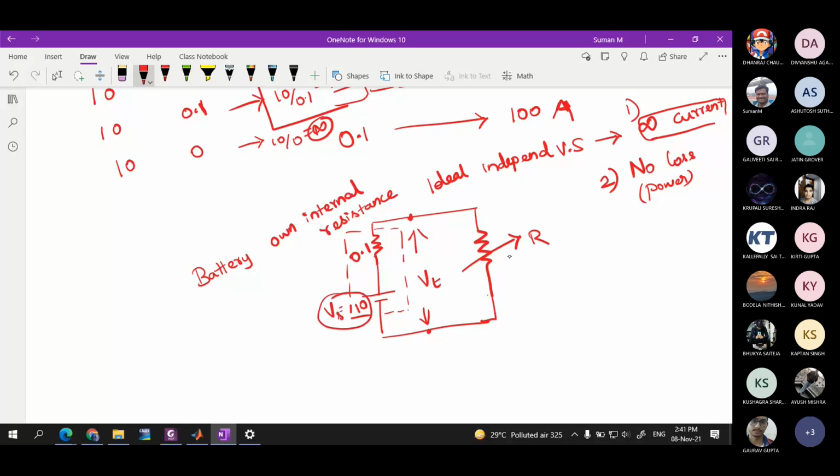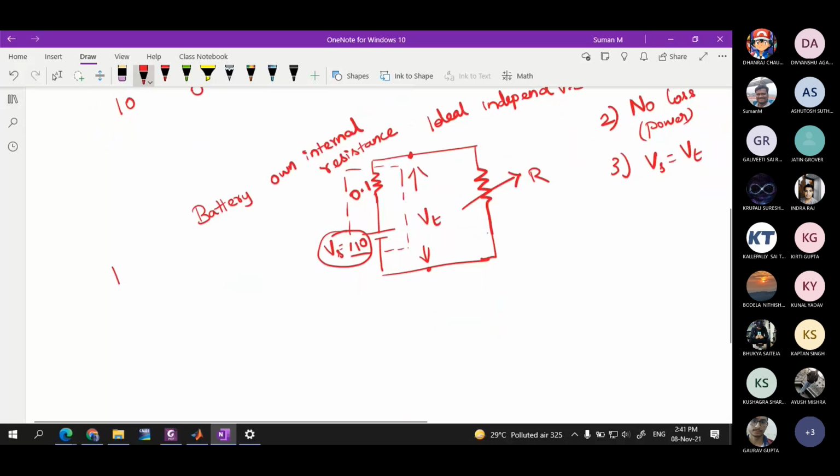Now we will see what is the voltage across this. In the earlier case we had considered infinite amount of current, no power loss, and Vs equal to terminal voltage. Now we will see for this case, with the same conditions. This is Vs, this is RL, and this is the internal resistance, R internal, which is 0.1 ohm.